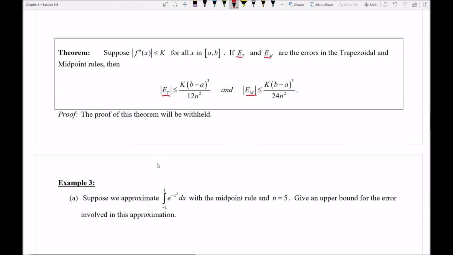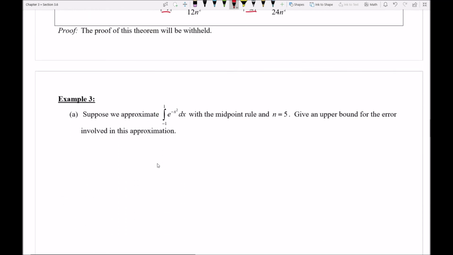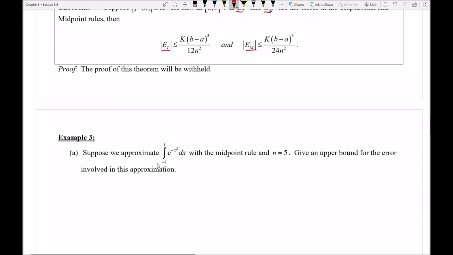Let's take a look here really quickly at example number 3 to see how we can use this theorem. So I'm going to start here. Suppose we want to approximate, again, the area under this curve with the midpoint rule and n being 5. Can I automatically, without doing any of the actual midpoint rule rectangle constructions, give an upper bound?